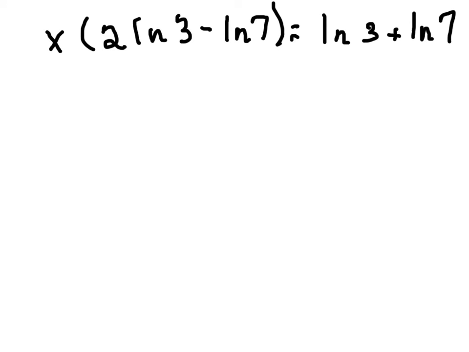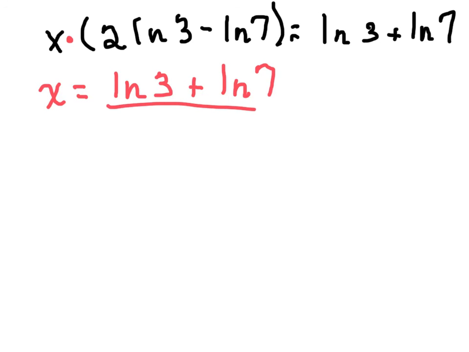Remember, it's all about isolating the x. So I undo that multiplication with division. I end up with x equals natural log of 3 plus natural log of 7 over 2 times the natural log of 3 minus the natural log of 7.